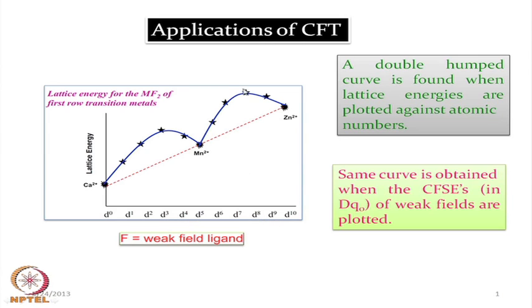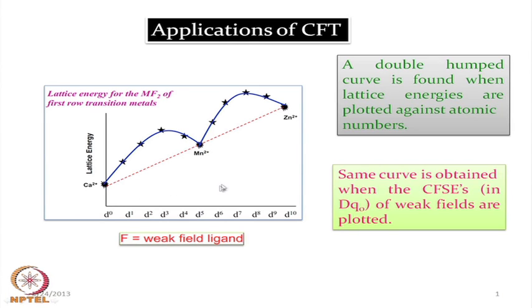If we get the crystal field stabilization energy for nickel 2 plus, which we have calculated nicely in all our previous classes, for weak field nickel 2 plus will have only one configuration, either high spin or low spin, which is t2g6 eg2, and that crystal field stabilization energy in terms of dq gives us a similar type of plot.